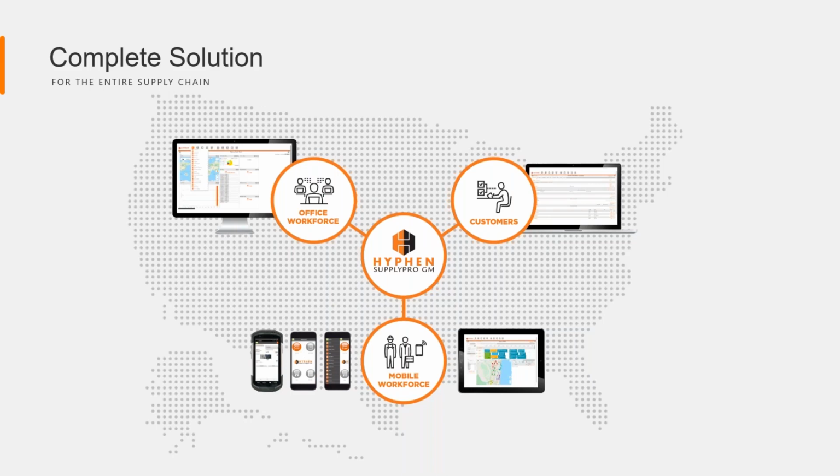SupplyPro GM extends the capabilities of that and gives you a management tool that allows you to take the purchase order you get from the builders and just continue managing them for your own benefit. So in terms of scheduling, in terms of resourcing, and eventually billing and such.